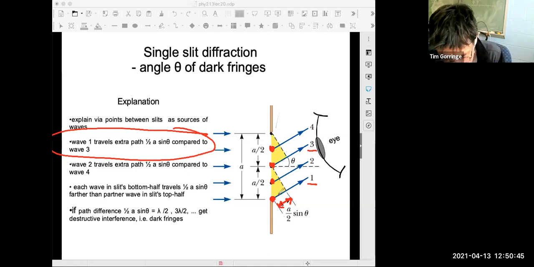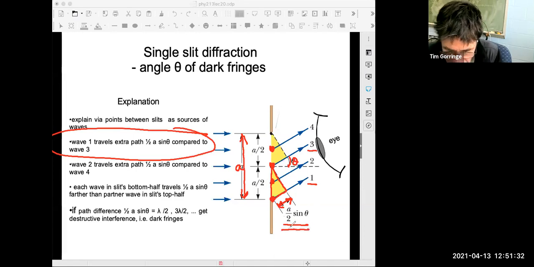And that distance, with a little bit of trigonometry, and let me not go through all the trigonometry, but with a little bit of trigonometry, if you're observing the light in some direction theta, so that's theta here, and you're observing the light that's coming from a slit of width a here, then this extra distance, which is the lower side here of this right angle triangle, depends on the slit width and depends on the angle you're observing at.